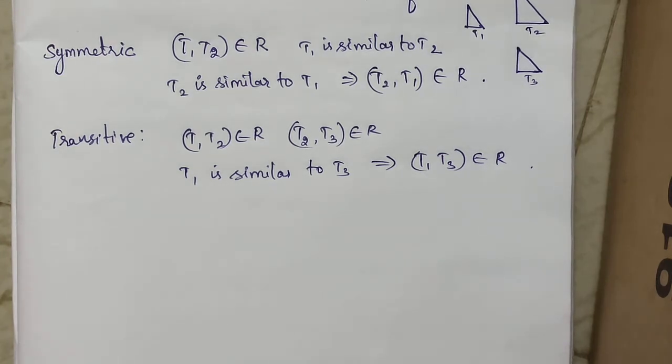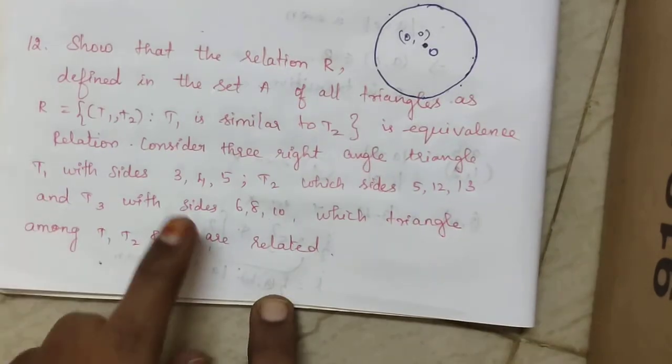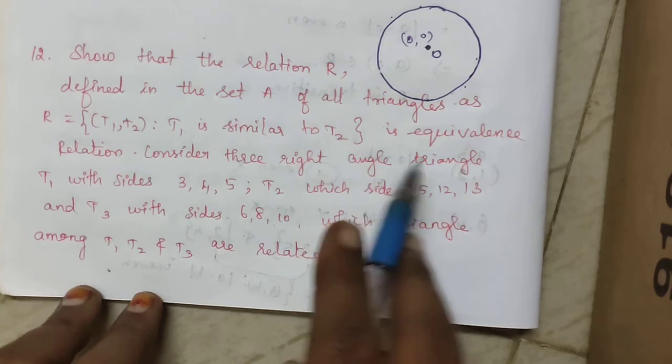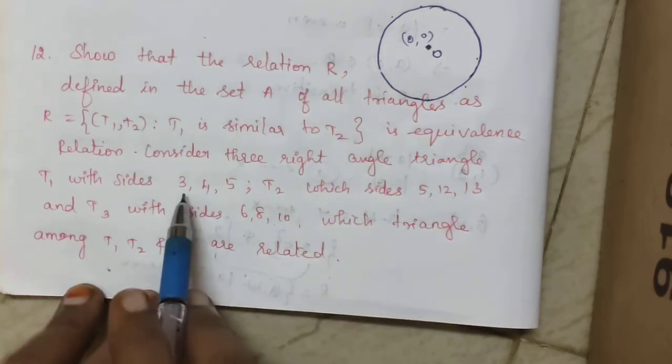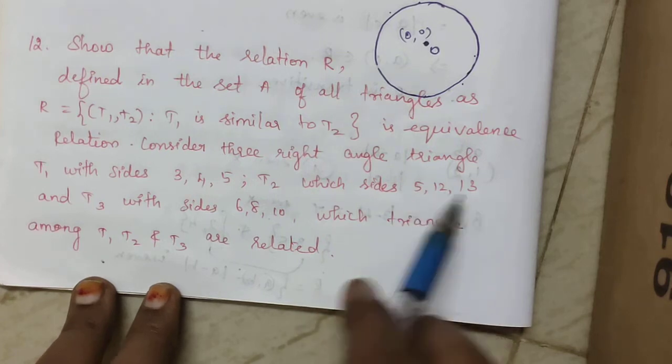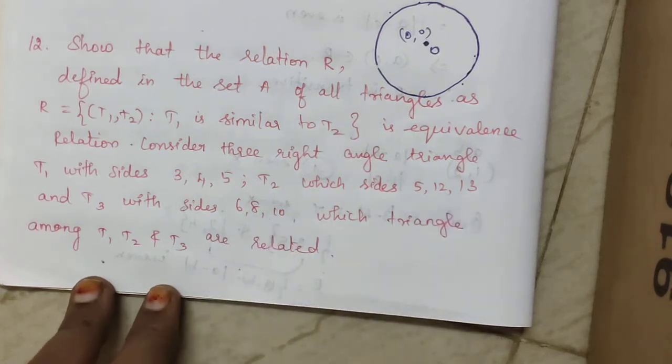Now see here, consider three right angle triangles with the sides given as 3, 4, 5; 5, 12, 13; and 6, 8 and 10. When triangles are similar, it is understood that the sides are proportional.